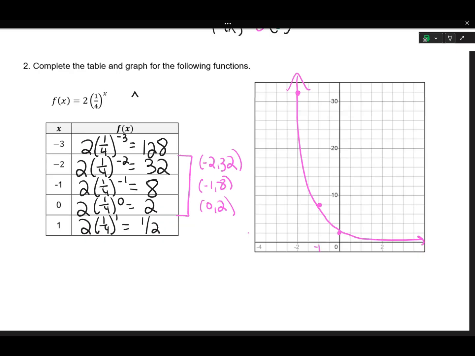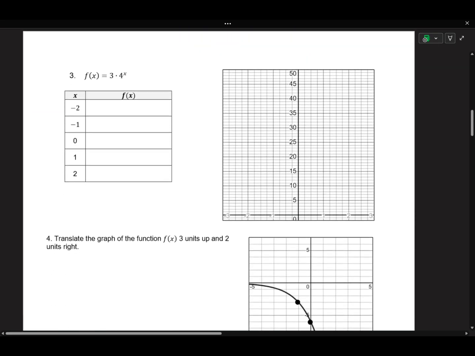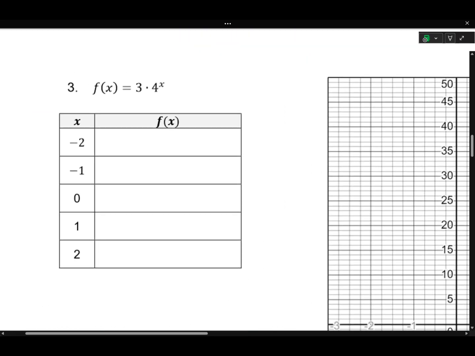Let's try that one more time. Again, practice that calculator. Practice graphing. Same as before.